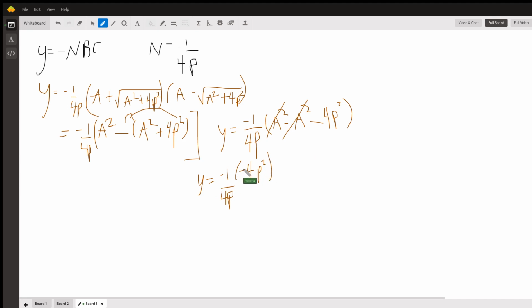So the minuses cancel, the 4's cancel, and one p cancels, and you get that y equals p. Therefore, the segment from B to C passes through the focus, which is at (0, p). And we've proved it.